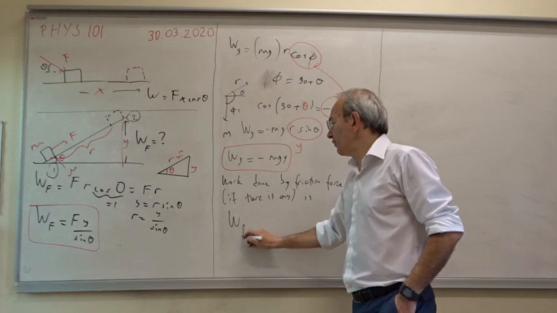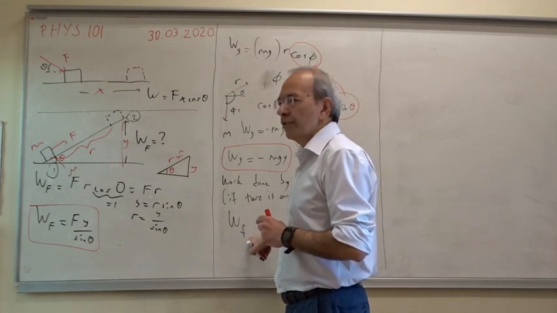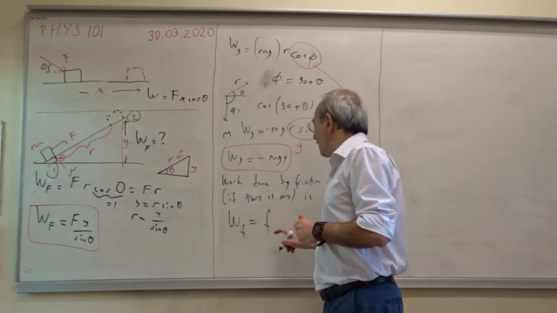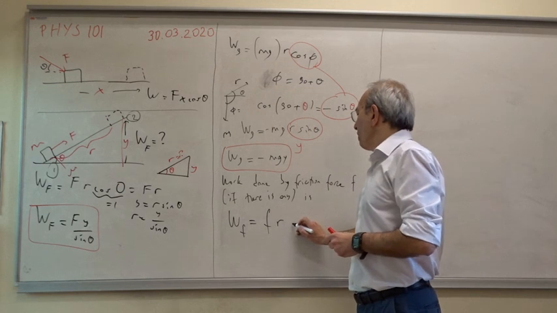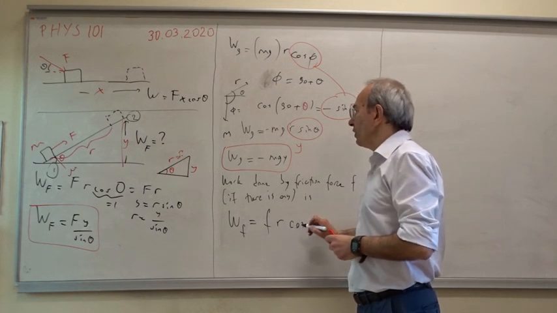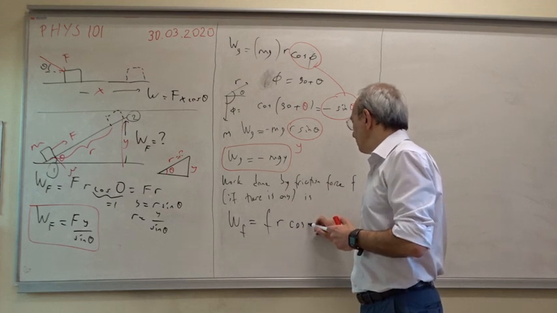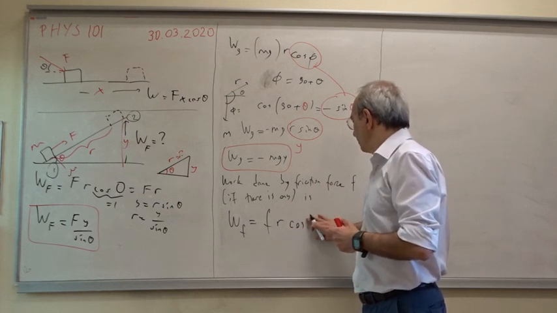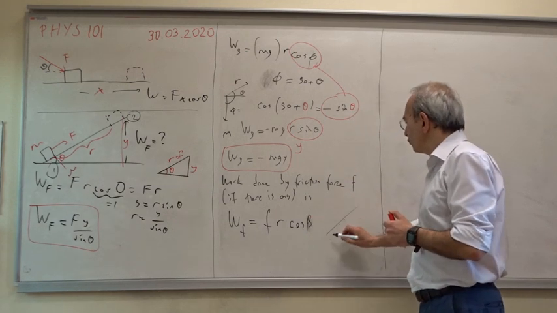Again, let's write the definition. We know that little f is used for friction forces. It is that force times displacement and the cosine of the angle between them. Let me call it beta. Cosine beta. What is beta? Let's first find it.